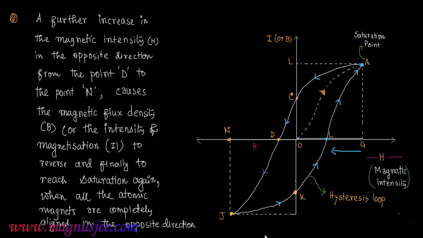As H is increased from D to N in the opposite direction, the intensity of magnetization increases from the point D to J along the curve DJ, and at the point J, I reaches the saturation value in the opposite direction.